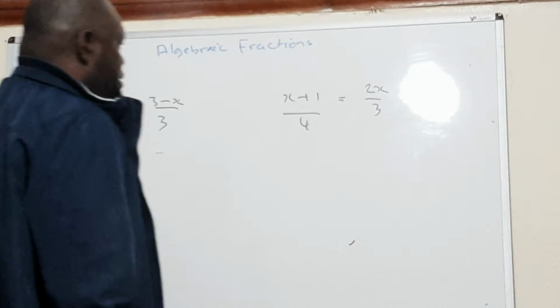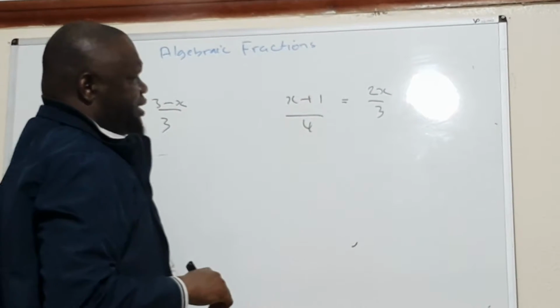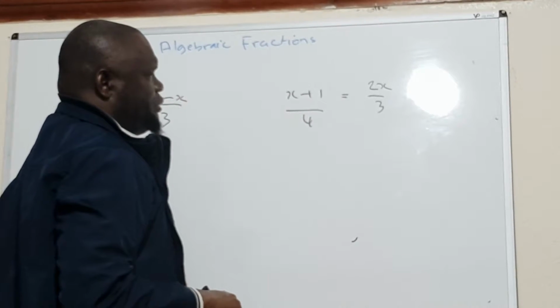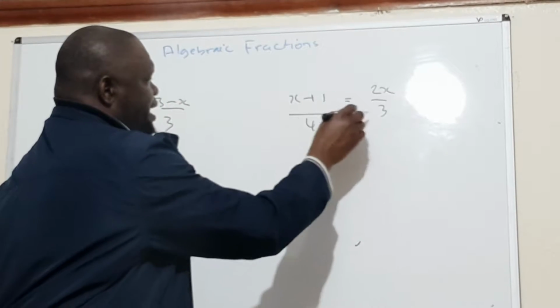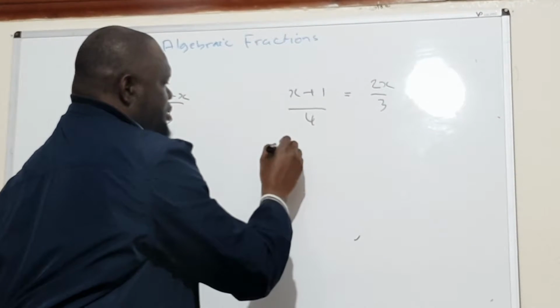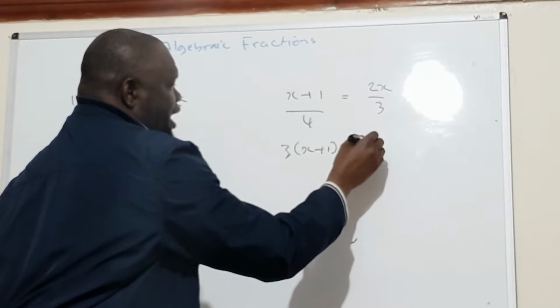Now, there you are. Still, we are doing cross multiplication. We are not doing anything except cross multiplication. If you cross multiply, this multiplying that and this multiplying that. So this will be 3 into x plus 1 is equal to 4 times 2x.